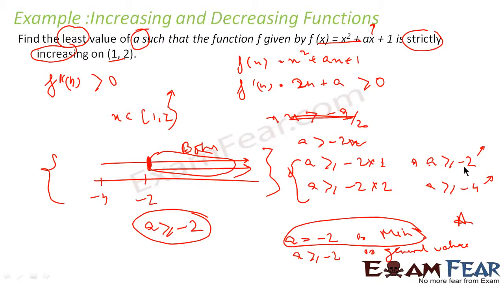So you have a is greater than -2 and a is greater than -4. Draw the number line like this, and the one which matches both is the one we are looking for. Correct? In this case, both the lines are in this range. So a is greater than -2 is the condition formed by merging these two conditions, and the minimum value is a is equal to -2.